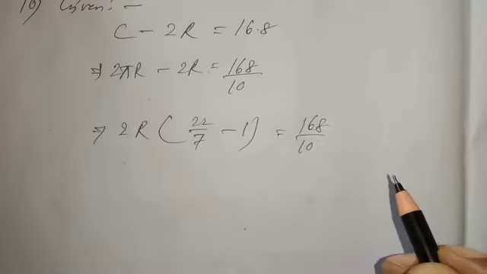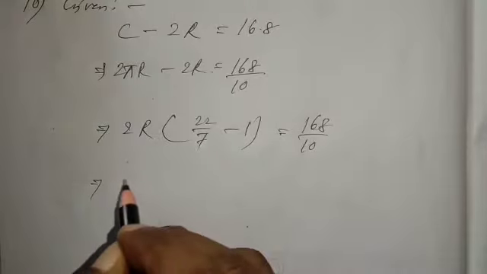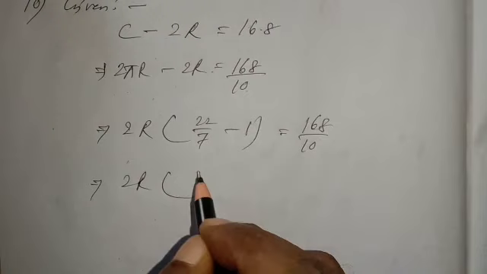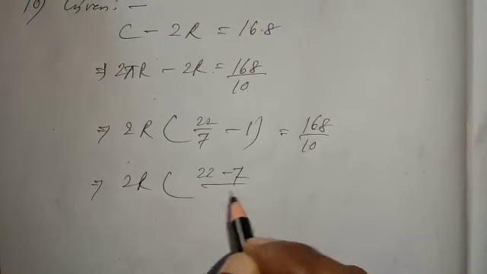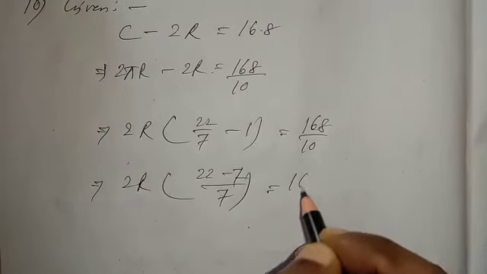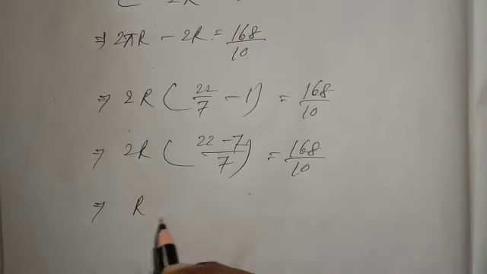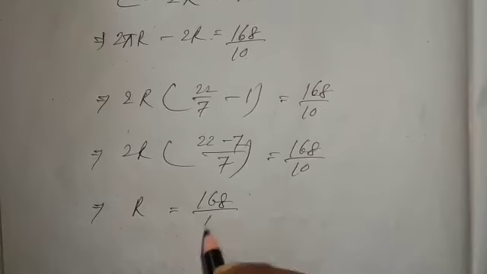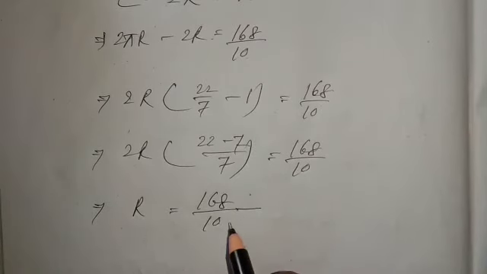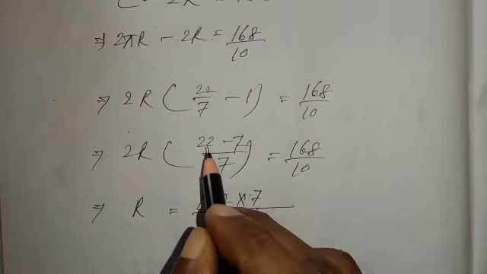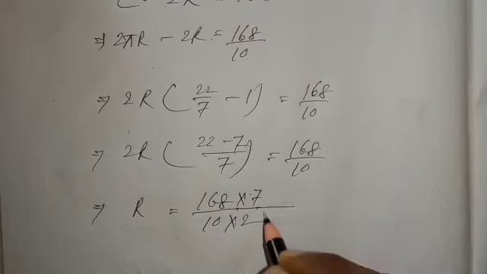After that, just take LCM. This will be 2r into (22 minus 7) by 7, equal to 168 by 10. Therefore, r will be 168 by 10. This 2 will come down, 7 will go up, and this 22 minus 7 is 15.